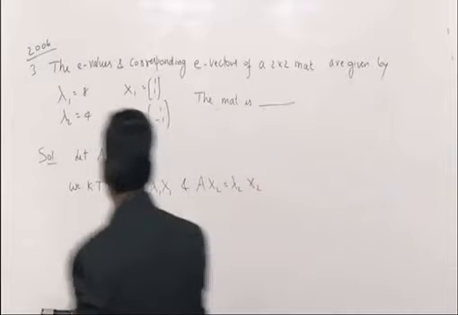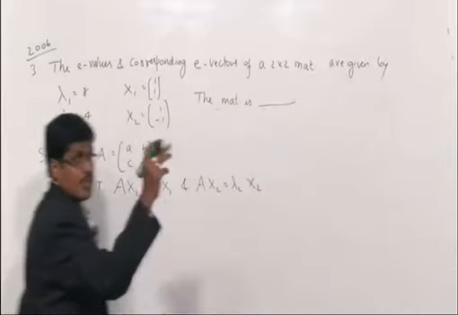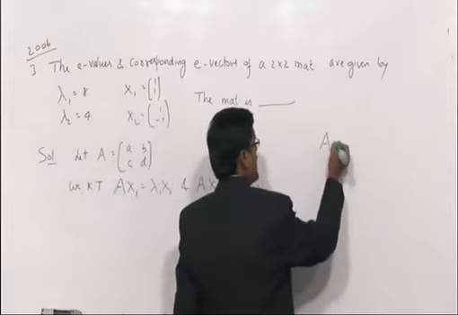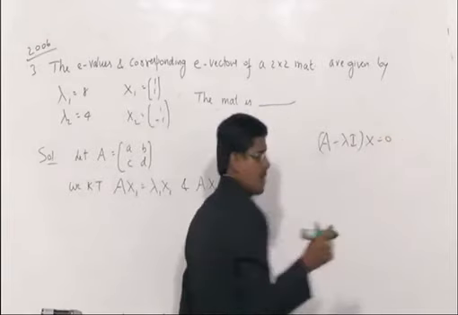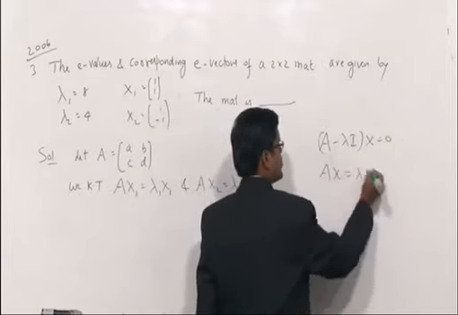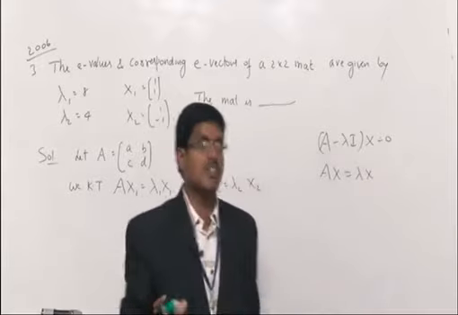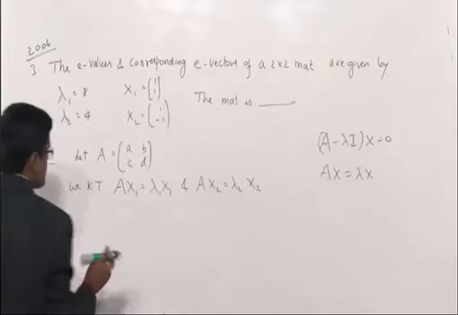No use. Now, x1 is the first eigenvector, lambda 1 is the first eigenvalue. What is our procedure for an eigenvector? (A minus lambda I) into x. Actually, this is the original procedure, but sometimes it simplifies to A x equal to lambda x. This takes less time and fewer steps, depending on the options also, with options or without options.